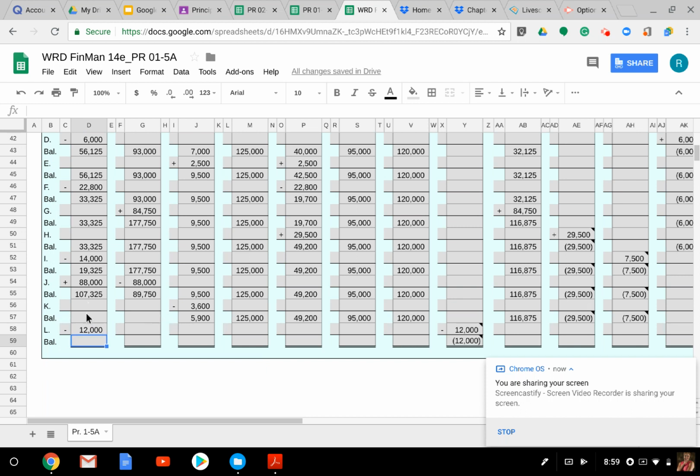So if you remember, we had no cash transaction for K, so we just bring down the balance. And our ending balance in cash after this payment is $95,325. All the other balances remain the same.